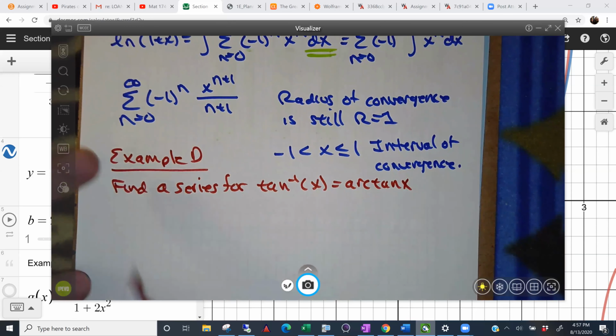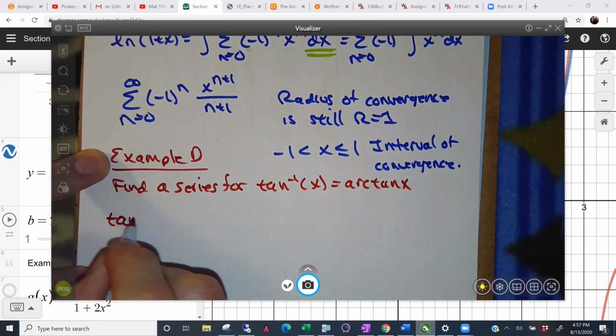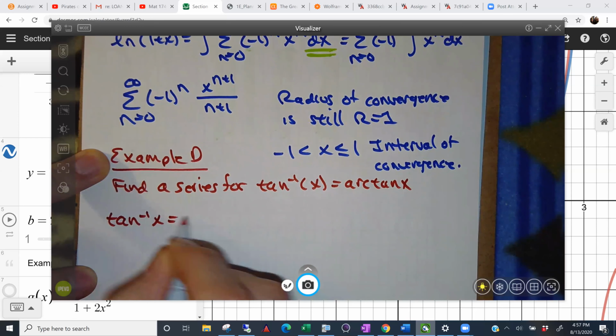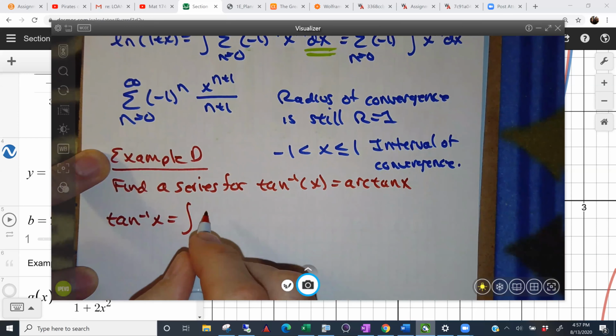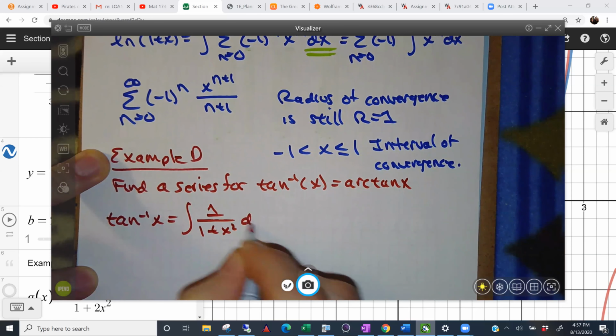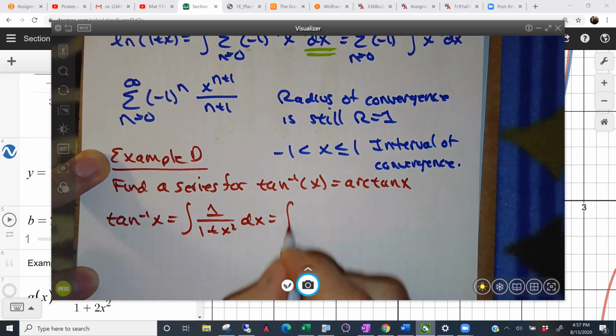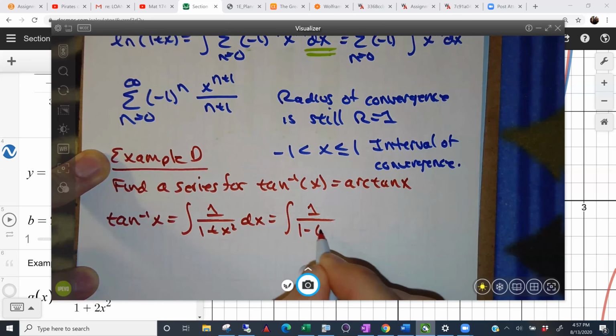Well, let's do this. Let's recall that the arctan is the integral of 1 over 1 plus x squared dx. Fair enough. And I can write that as 1 over 1 minus negative x squared.